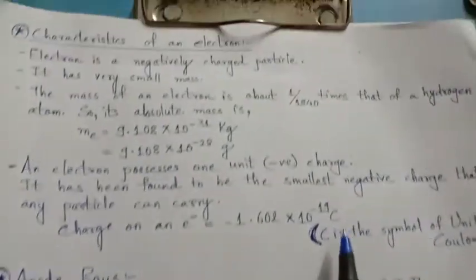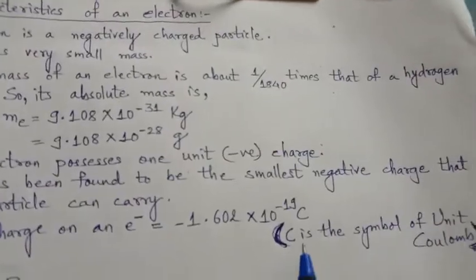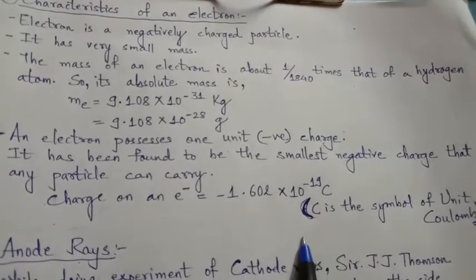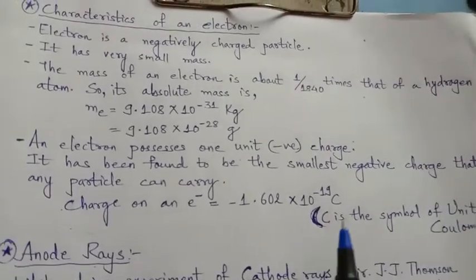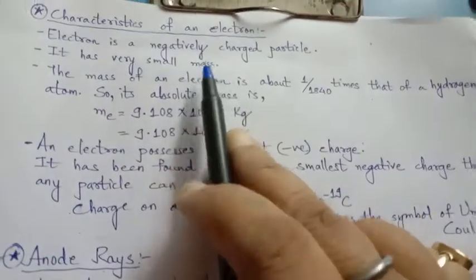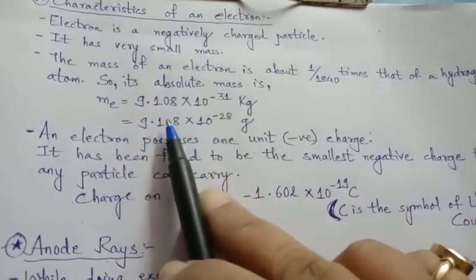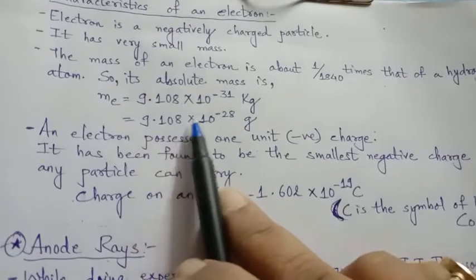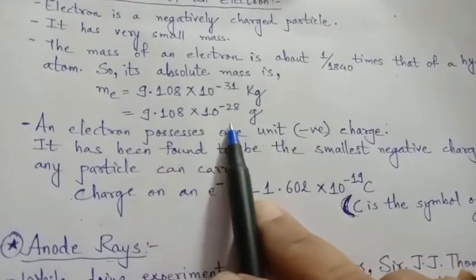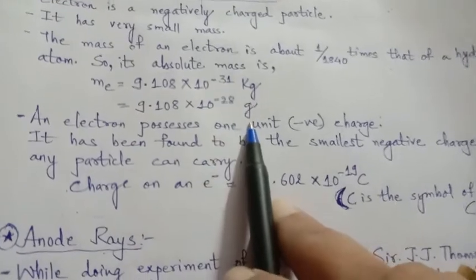So this is all about the negative particles, which come from cathode rays through the discharge. These are the properties of an electron: negatively charged, very light in weight, with a mass of 9.108 into 10 to minus 31 kilogram, or 9.108 into 10 to minus 28 gram.